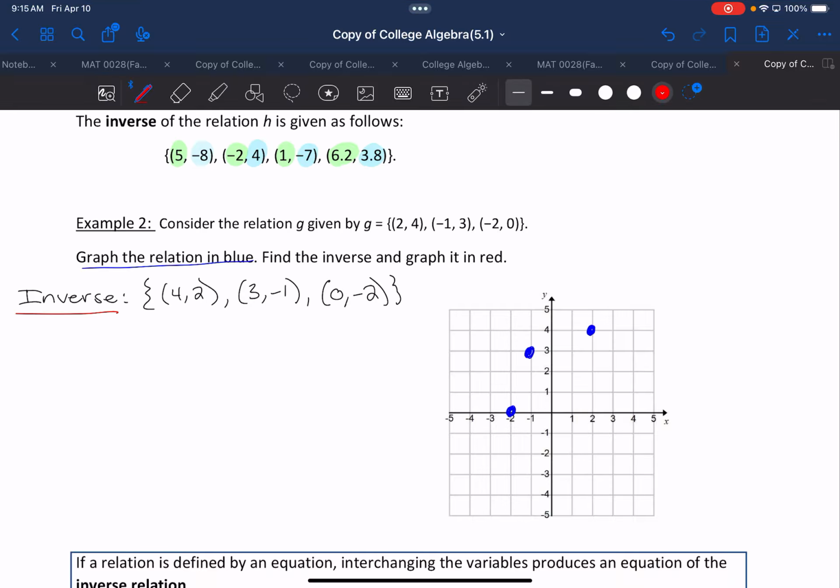And now if I graph these ordered pairs in red, I get 4, 2 would be right there. 3, -1 would be here. And 0, -2 would be here.